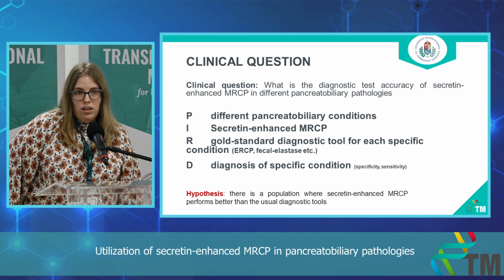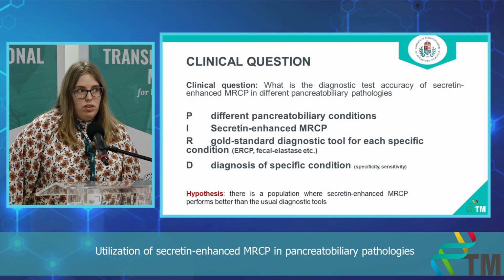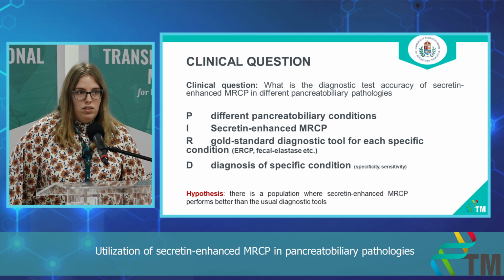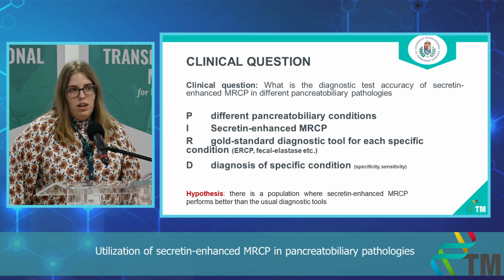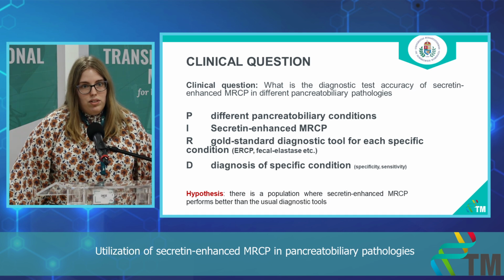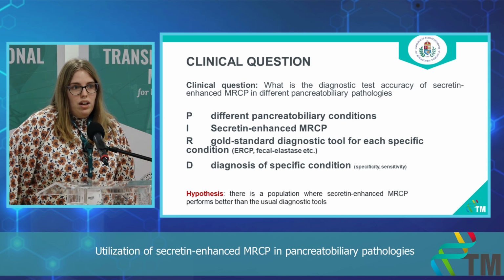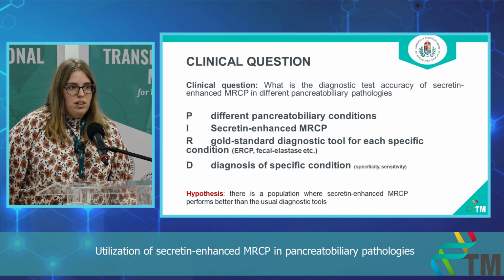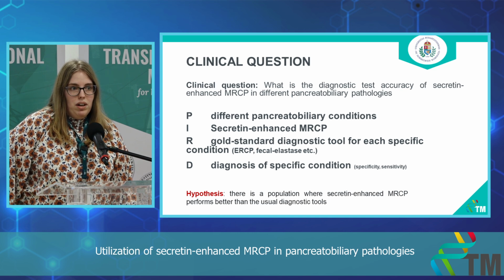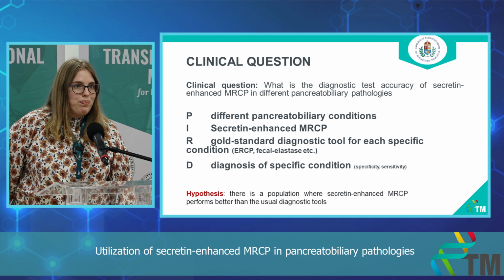The index test that we're focusing on is secretin-enhanced MRCP. The reference would be the gold standard diagnostic tool for each specific condition, so ERCP, EUS, fecal elastase, and so on. For the diagnosis of a specific condition, specificity and sensitivity would be assessed, and we hypothesized that there is a population where secretin-enhanced MRCP performs better than the usual diagnostic tools.